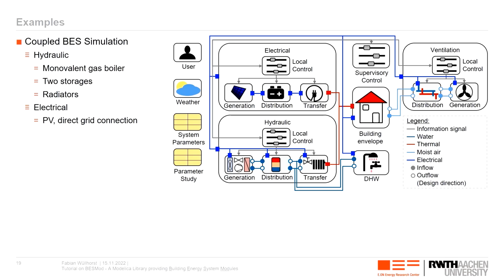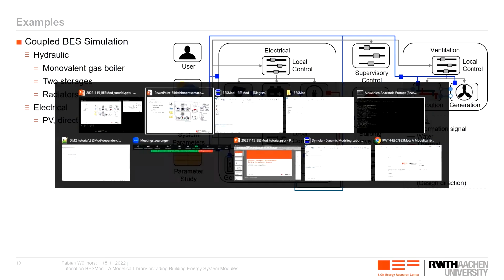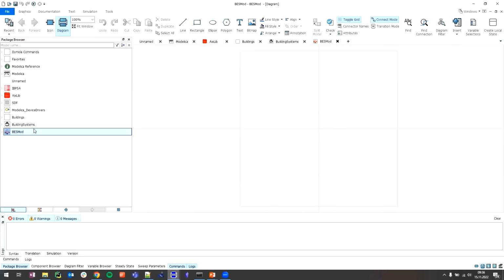And we have an electrical system with PV and a direct grid connection where we can consume the electricity we generate. But as this household owner has gas plus PV, he did not think about investing into a battery, let's say. And this system I will now build up with you in BESMod.